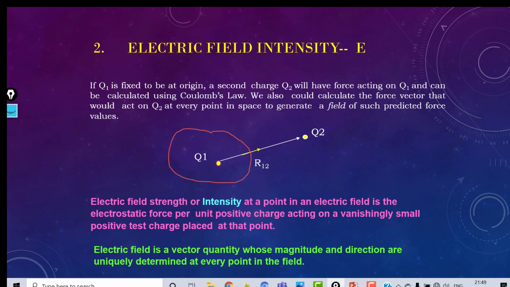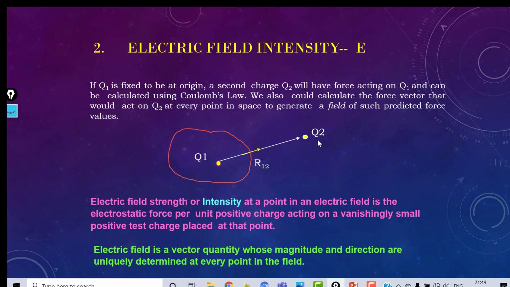The electric field strength or intensity is defined as the force per unit positive charge acting on a vanishingly small positive test charge placed at that point. So in this case, Q2 is a vanishingly small point charge, so Q2 is called a test charge. It is placed in the electric field of charge Q1.